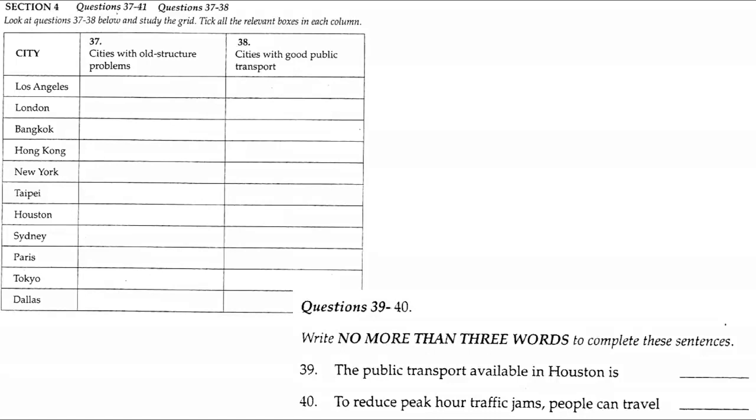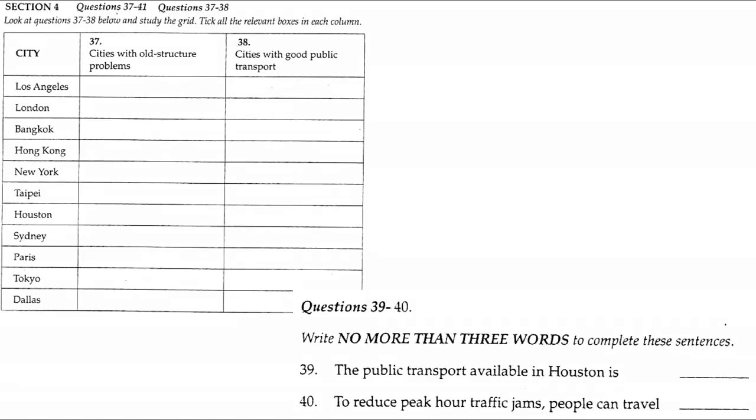Old structure problems are easily demonstrated in London, New York, Sydney and Paris. Let's look at each city in turn. London has a most confusing road system, which is forgivable because it's a very old city. I'll talk more about the ring roads later. New York is laid out on a grid which makes it easier to find your way around. But it's an enormous city, and the sheer pressure of numbers strangles the roads.